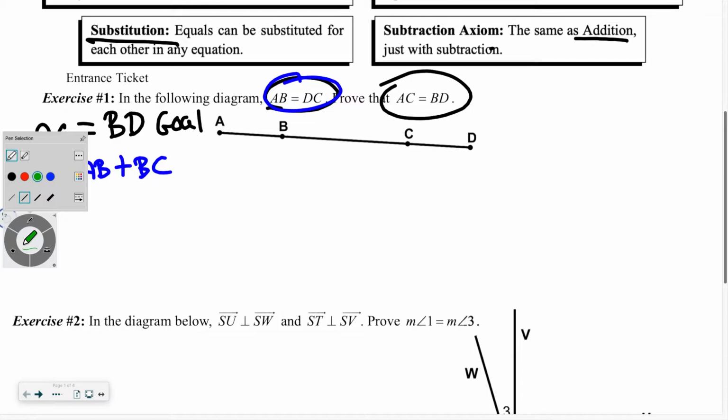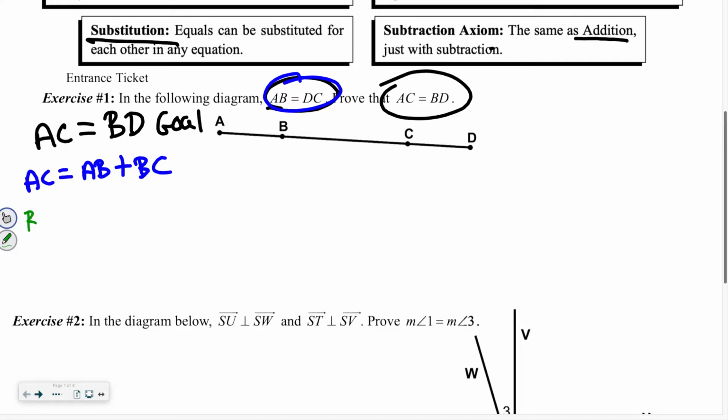And we also know that BD is equal to BC plus CD. Awesome. And I can do this because the whole is the sum of its parts. That is the reasoning for that.